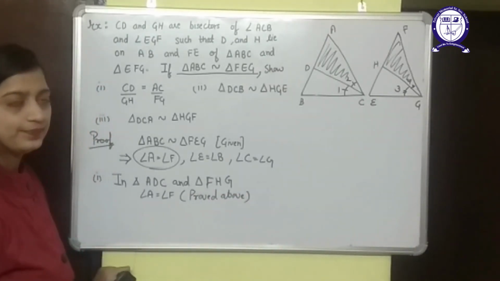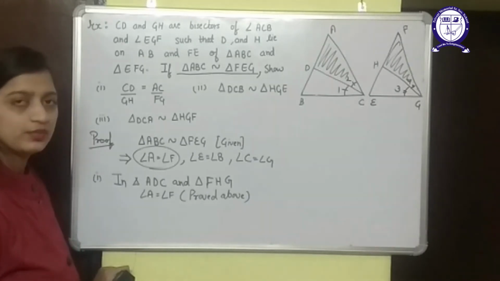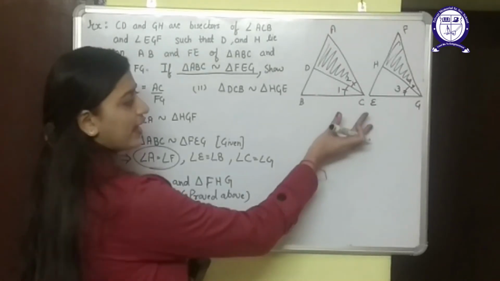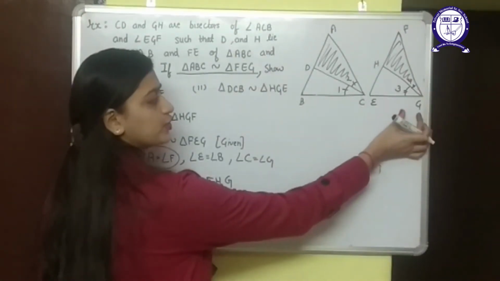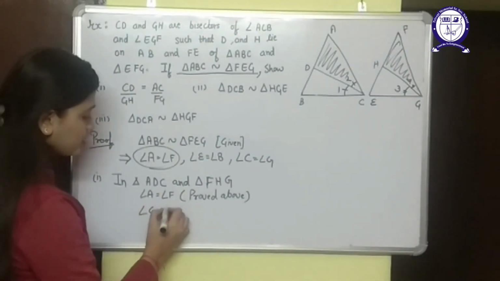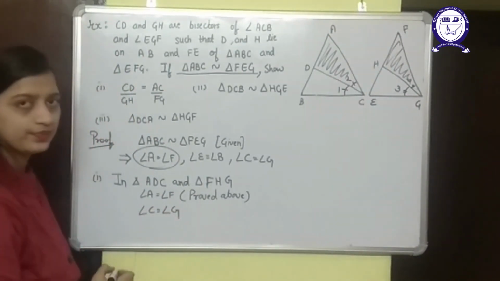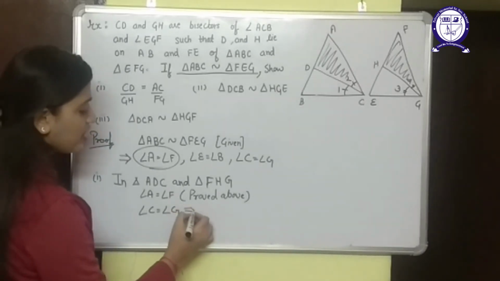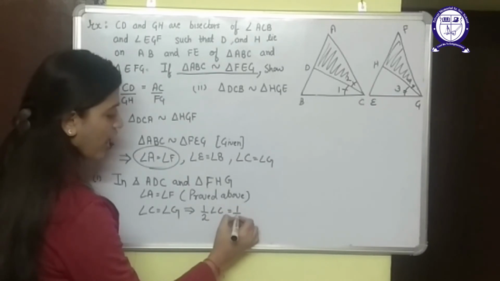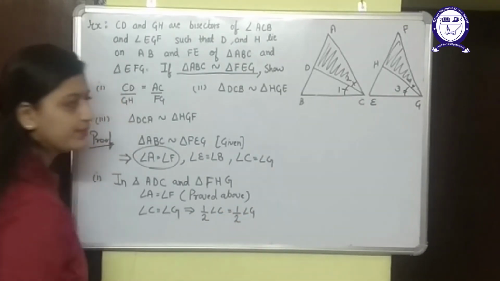Now secondly, I need to take one more angle because nothing is talked about the sides. Now look at this. This complete angle C is equal to this angle G, right? Angle C is equal to angle G, which implies half of angle C will be equal to half of angle G, right?